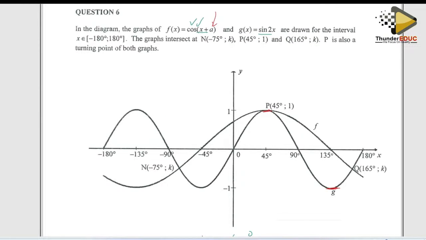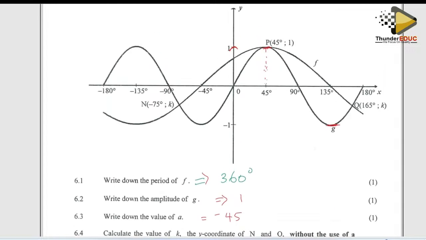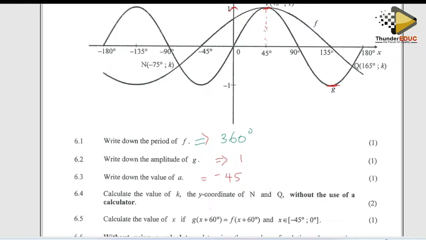So from the original cosine graph, you expect the turning point to be at 1, but now it's not, it is around 45. So since the graph has shifted 45 units to the right, then a is going to be negative 45.